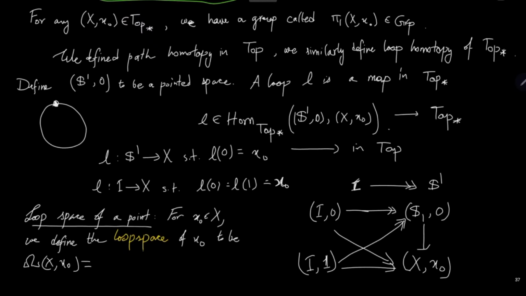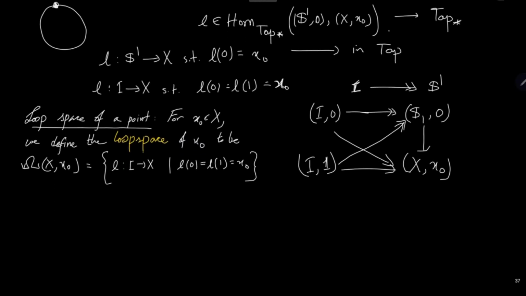This is again, as you can guess, some kind of a functor. This omega x naught is the set of all loops from I to X. I'll be as coarse as possible in this definition such that I can be as elegant as possible in the next one.